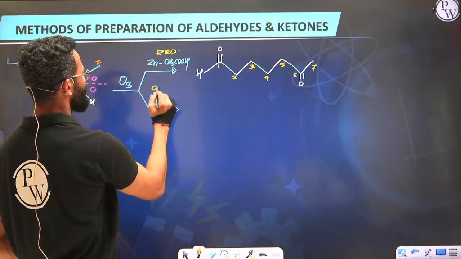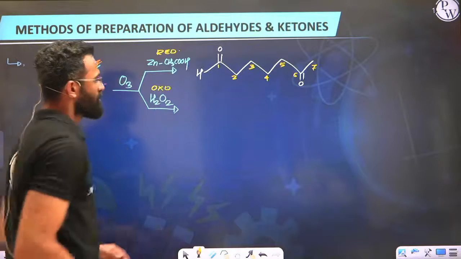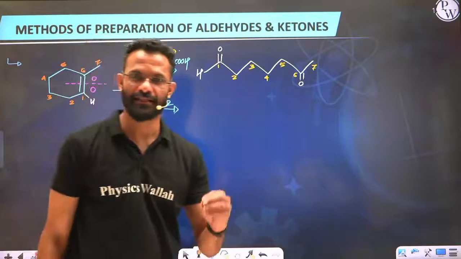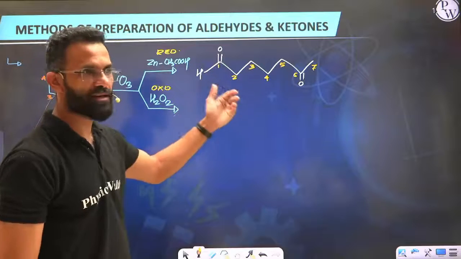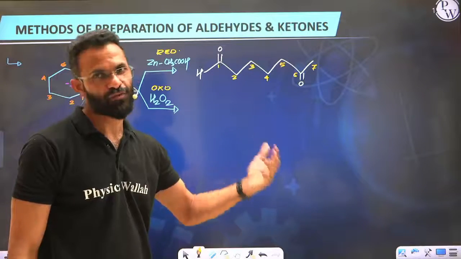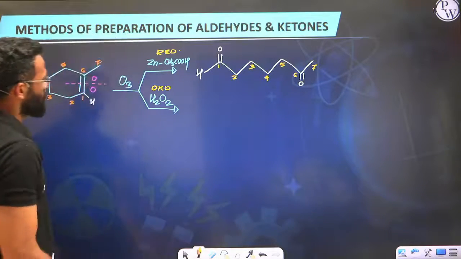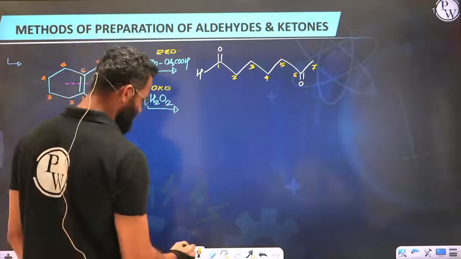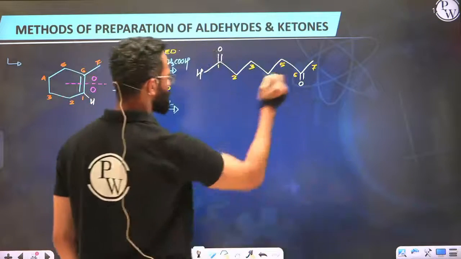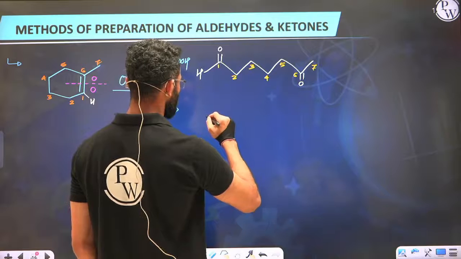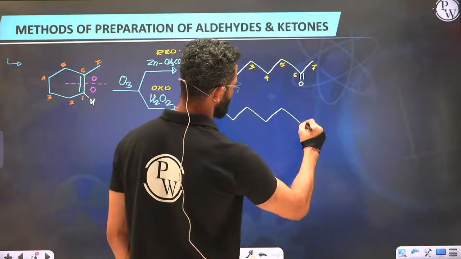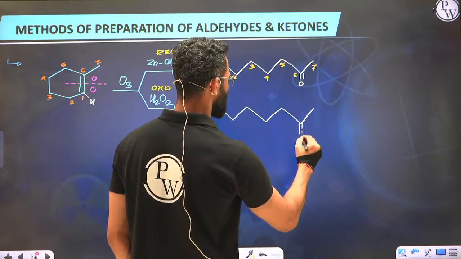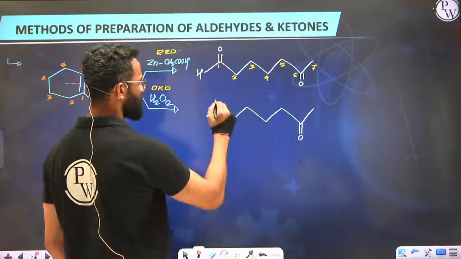The second condition mentioned is oxidative, meaning now wherever you see oxidizable H, that H has to be oxidized. So this H which is connected to carbonyl carbon is oxidizable, so we will oxidize that. So hydrogen peroxide will oxidize it. Again the chain will be still of 7 carbon only. So 1, 2, 3, 4, 5, 6, 7. Ketone does not carry any oxidizable H, so will remain ketone.